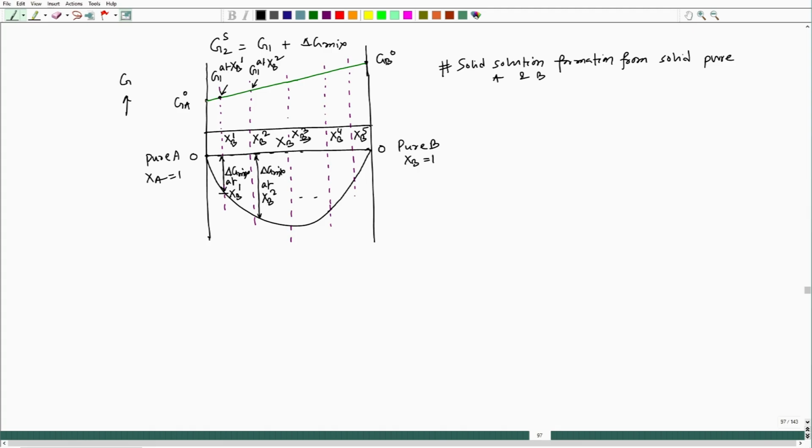And in fact, if I consider the pure condition, the delta G mix value at both extreme ends, when XA equal to 1 and XB equal to 1, is nothing but 0, because delta G mix under pure condition is 0. So it will start from here, and from this point you add up this particular quantity.